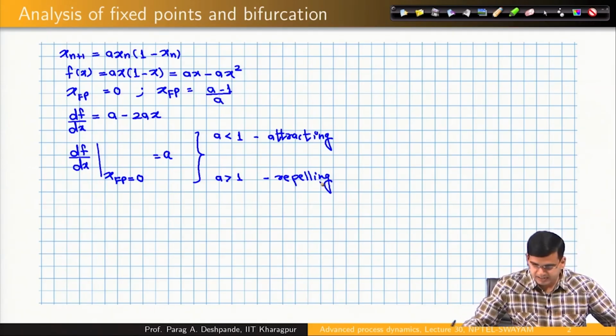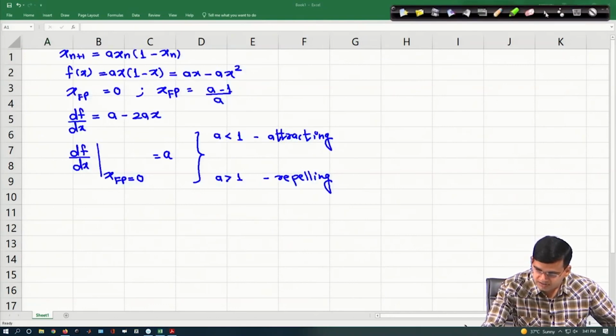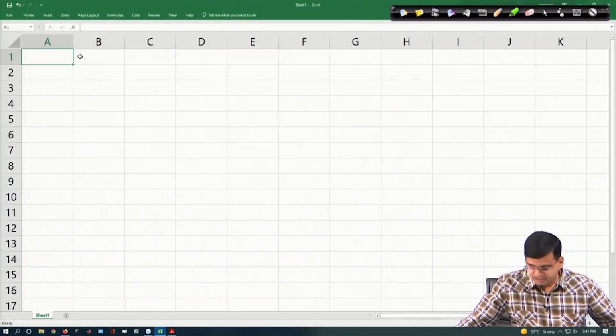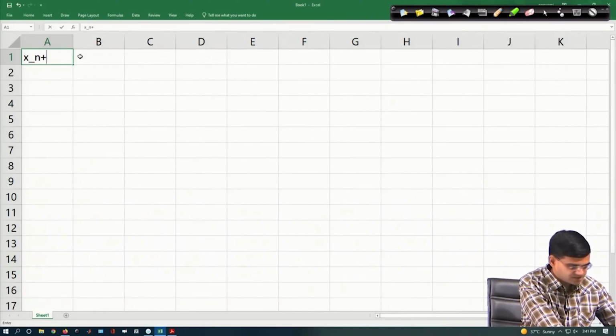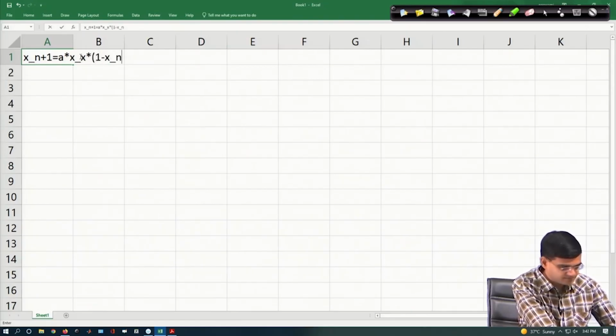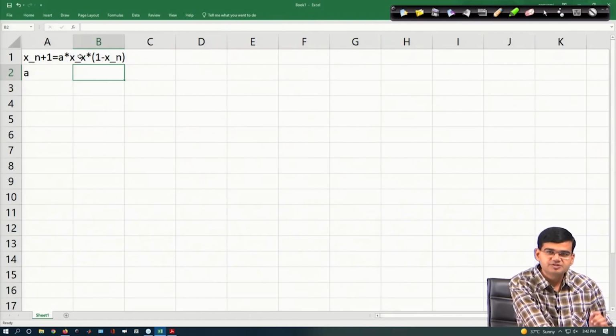Let us try to draw this dynamical system. My equation is x n plus 1 is equal to a times x n times (1 minus x n). I would set the value of a, and let me first start with 0.8, which is less than 1.